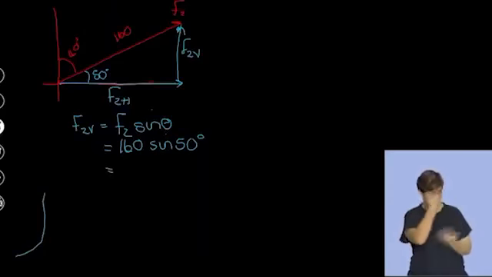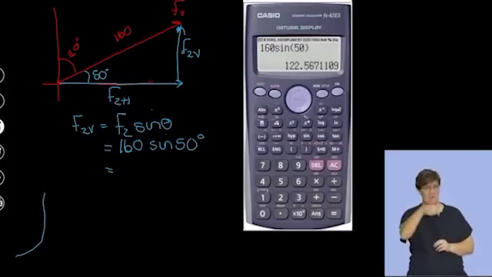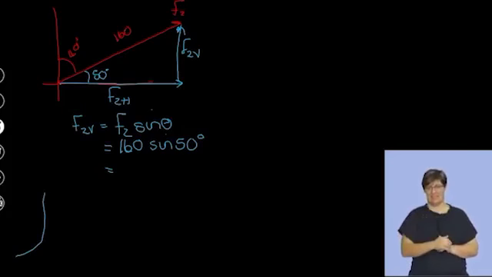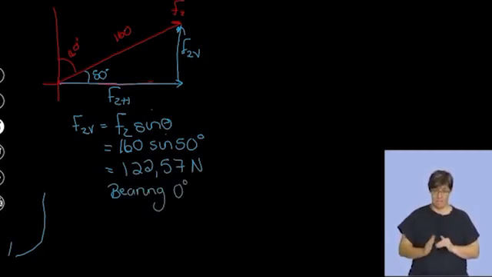Now I've forgotten what the answer is. There we go. 122,57 newtons. This vertical is also up, so it's bearing 0. Okay, so it's vertically up.